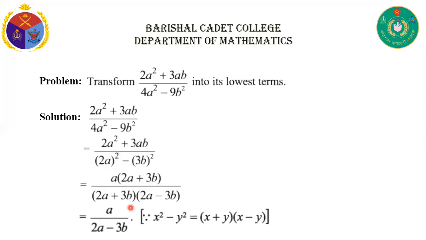Now, another problem. Transform 2a square plus 3ab divided by 4a square minus 9b square into its lowest terms. Here we don't have any visible common factor in the numerator and denominator.